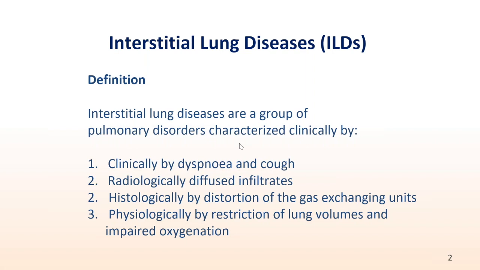And at this point, let me say HRCT scan has revolutionized our understanding and management of interstitial lung disease. In fact, those of us who are keen to manage interstitial lung diseases must be very good at radiology, almost as good as a radiologist. Histologically, there is a distortion of the gas exchange units. Physiologically, these are characterized by what is known as a restriction of the lung and impaired oxygenation.